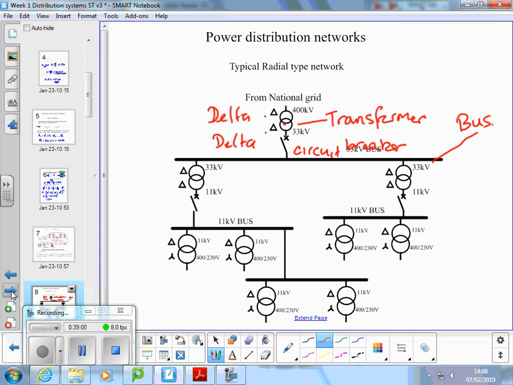Has anybody ever seen, anyone got an 11 kV network at work and have seen the 11 kV circuit breakers? Yeah, yeah. No, you won't if you're not authorised to work in that area.